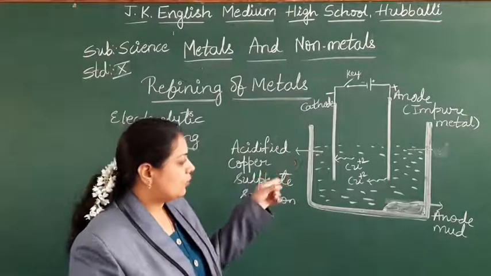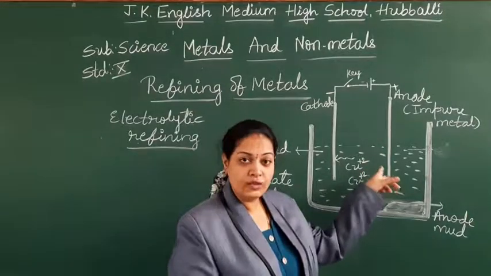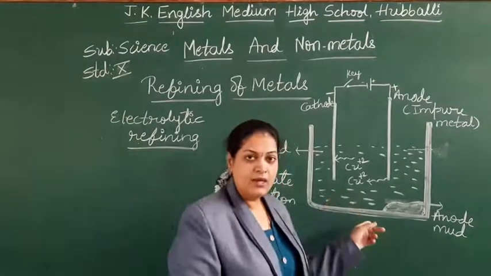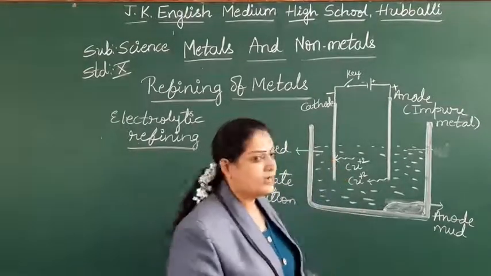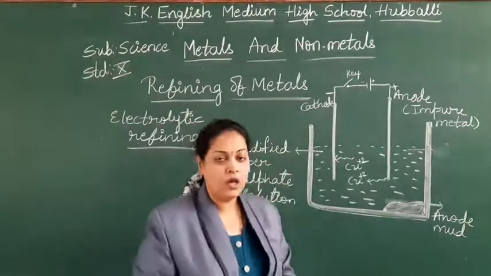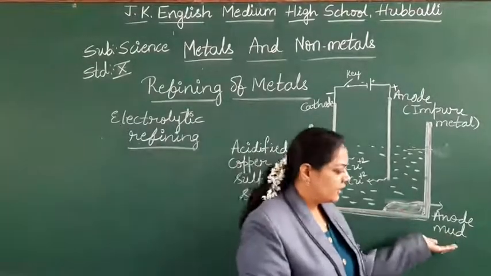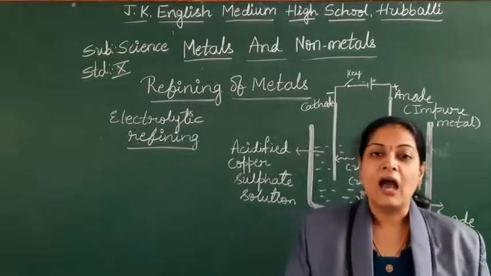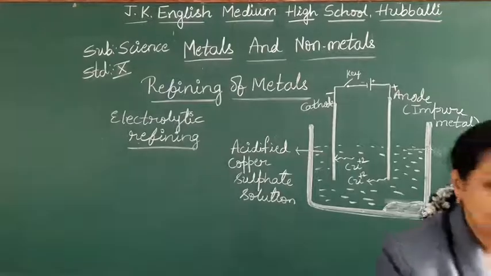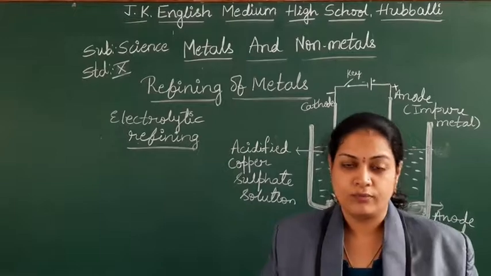Then when you pass the electricity, the metal along with the impurities will start dissolving and come to the electrolyte, and gradually it will come to the cathode and collect on the cathode plate, so that we can take it out as one of the pure forms of the metal. The remaining impurities will settle down and are called the anode mud. So this is called the electrolytic refining of metals to get their pure form.